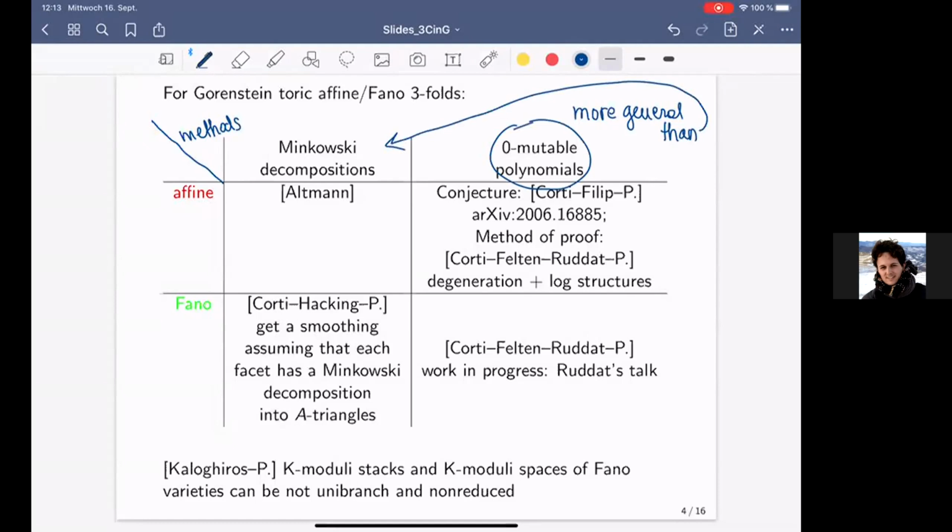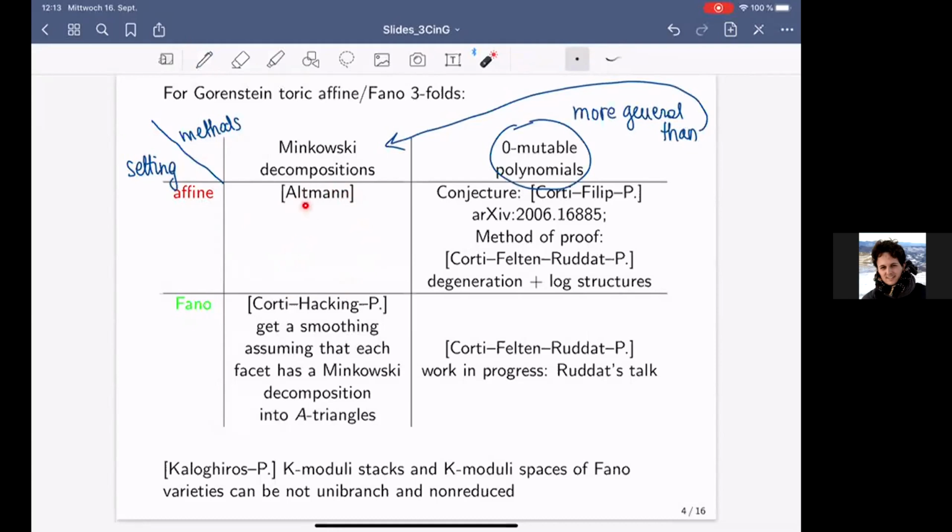Okay, and then on the rows, I have the setting, basically the affine setting or the Fano setting. Okay, so I just start from this block of this table. So here we want to understand what are deformations of toric affine varieties.